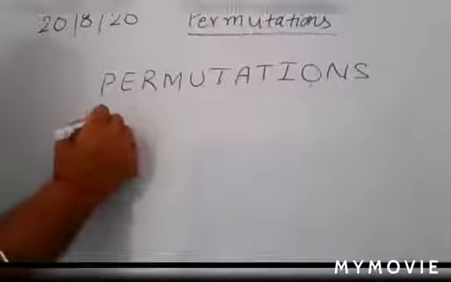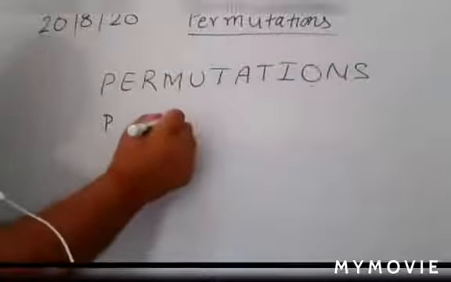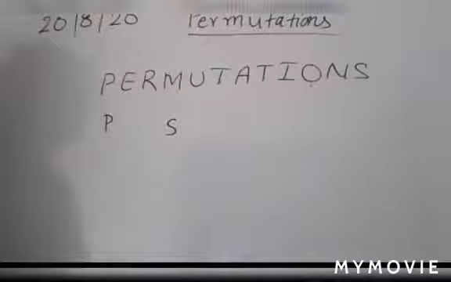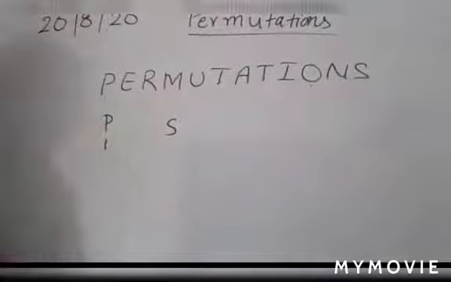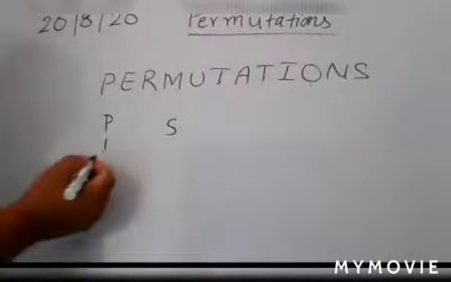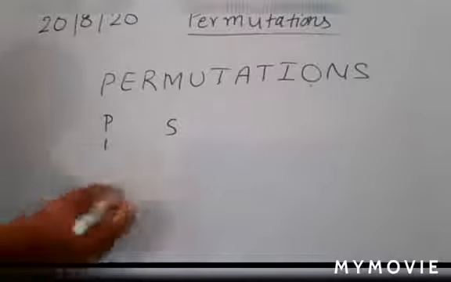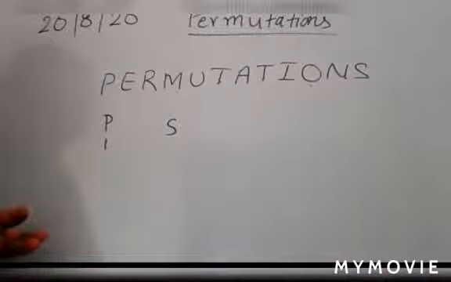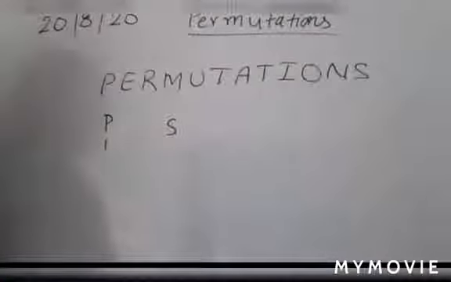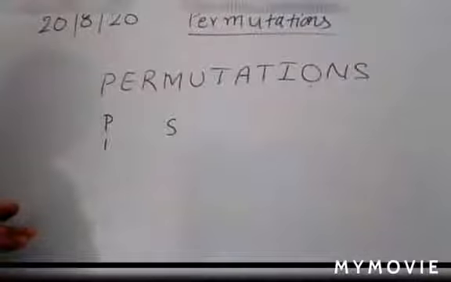So just check the calculation. Suppose here you write P, the position of P, and here you take the position of S. If you write P in the first position, then after it you have to leave 4 places. So at 1 you have the position of P. Now you leave 4 places: 1, 2, 3, 4 places left.